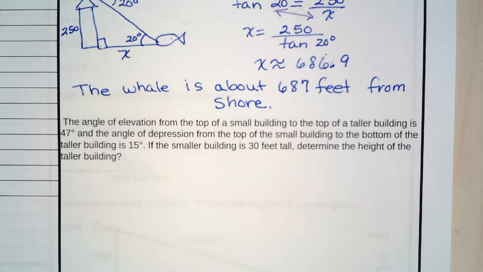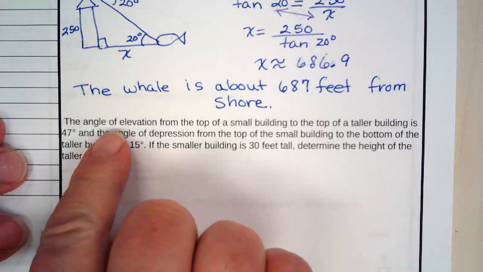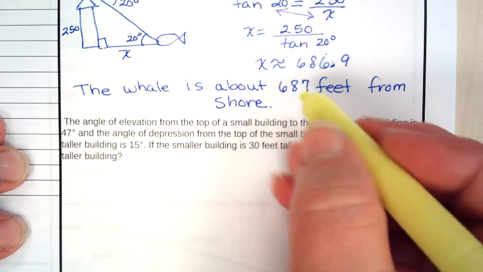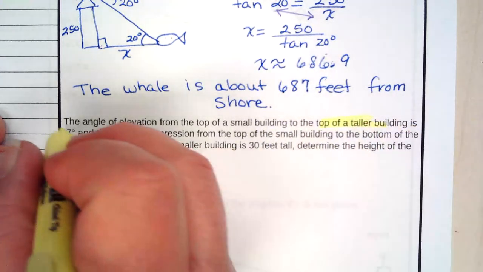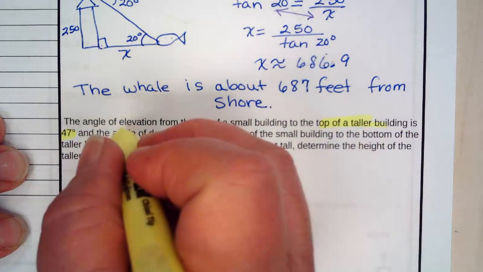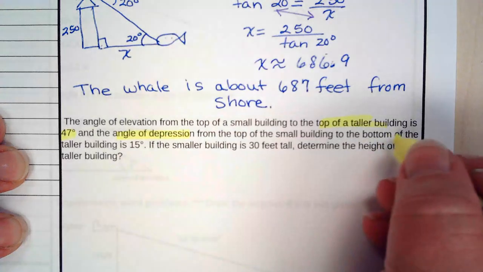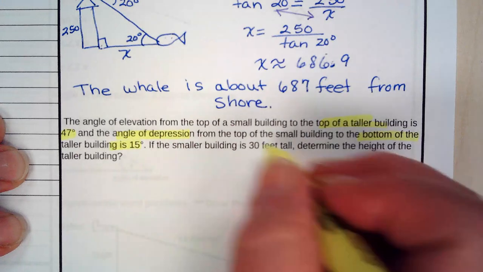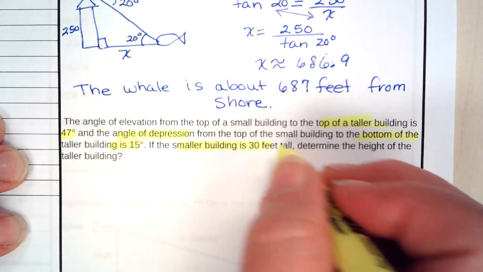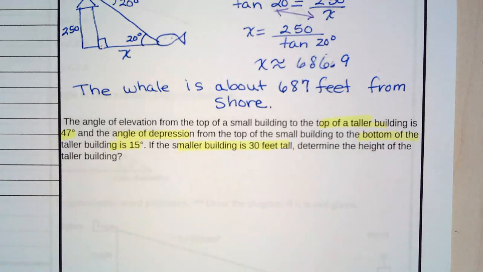So this is kind of a compound type of problem. The angle of depression to the bottom is 15 degrees. And we know the smaller building is 30 feet tall.